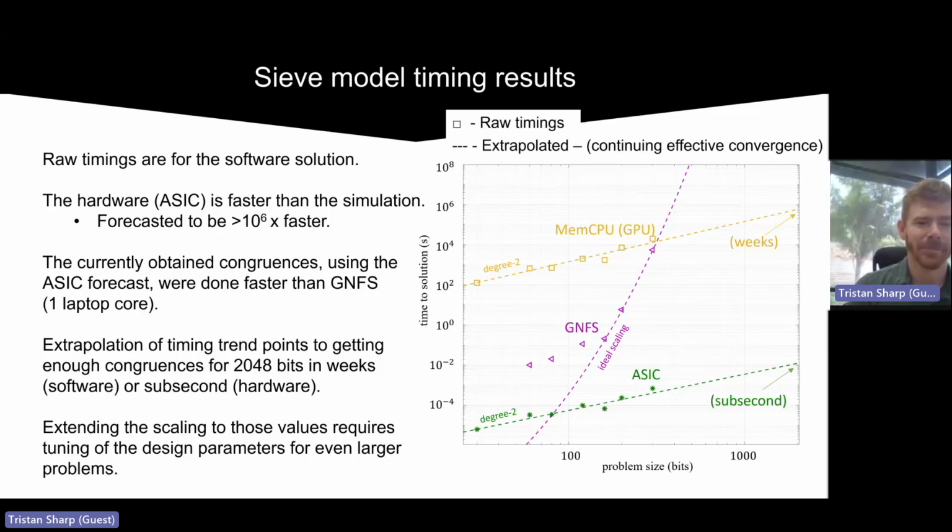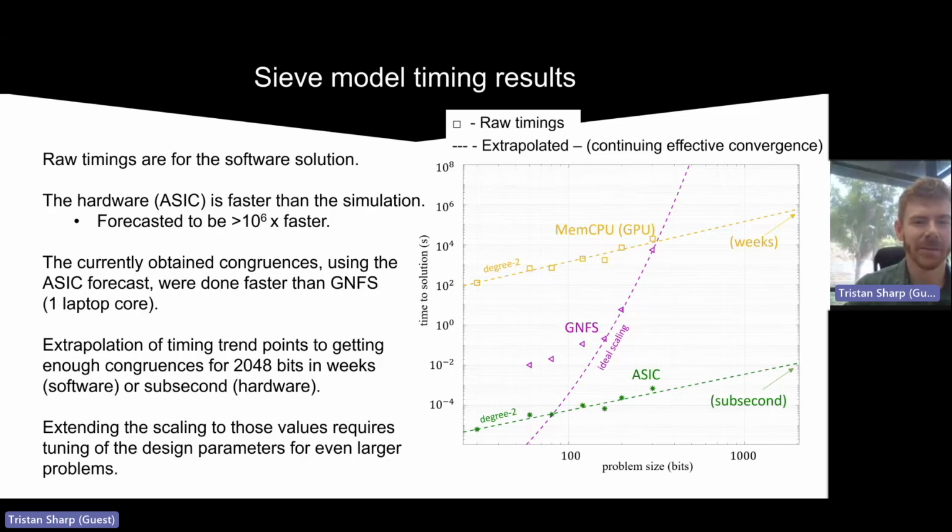So you just map down to these green points here. And those that can currently obtain congruences would already, if they were done on the ASIC forecast, have been done faster than the GNFS, which of course was just on one laptop core, but okay.